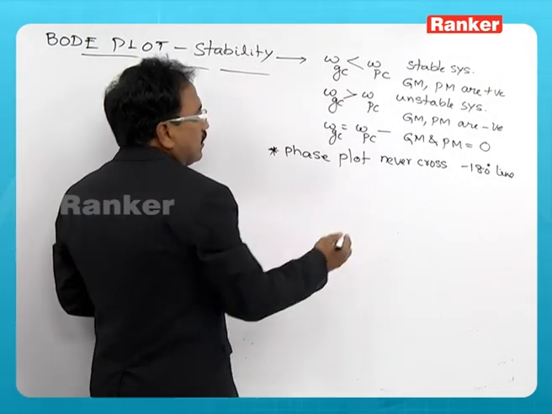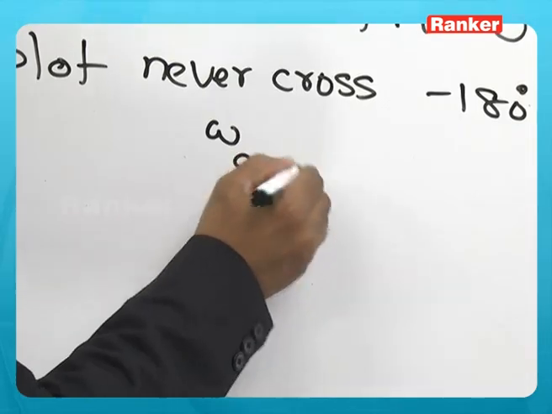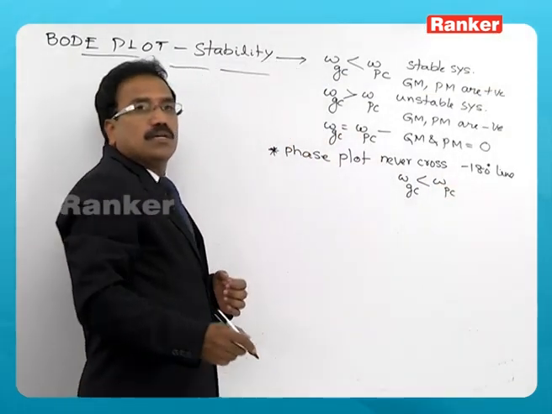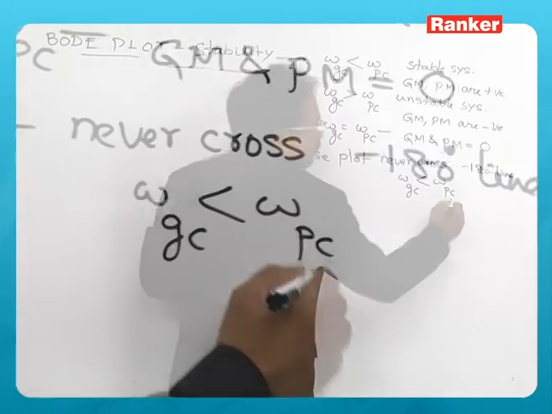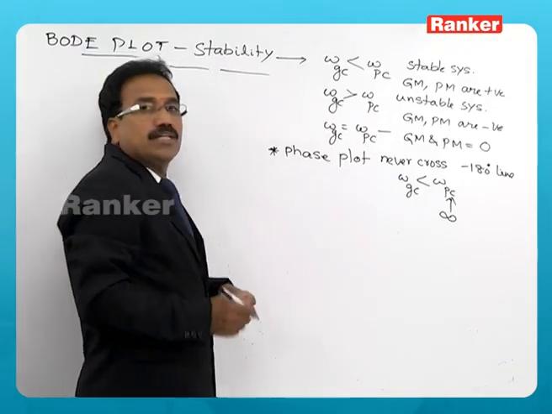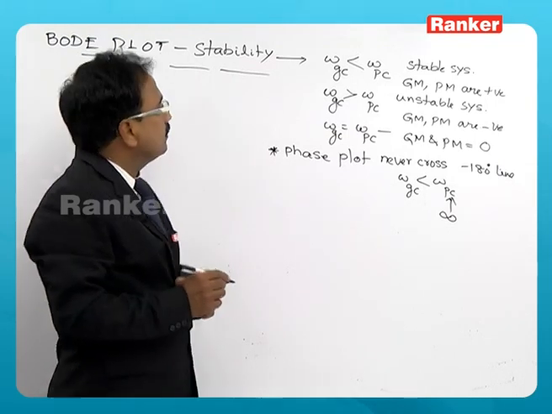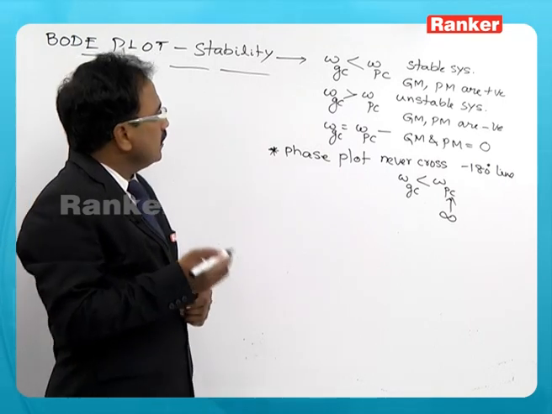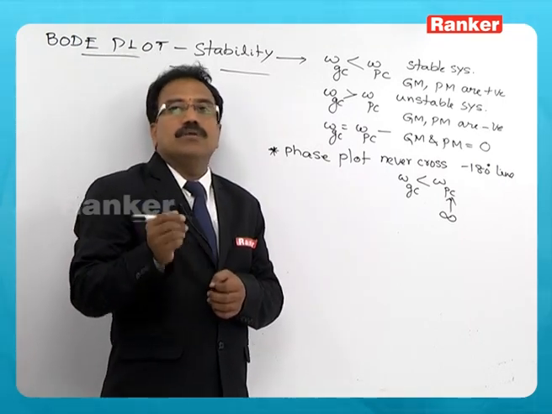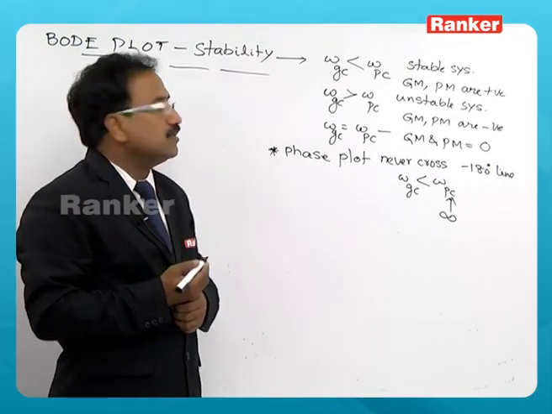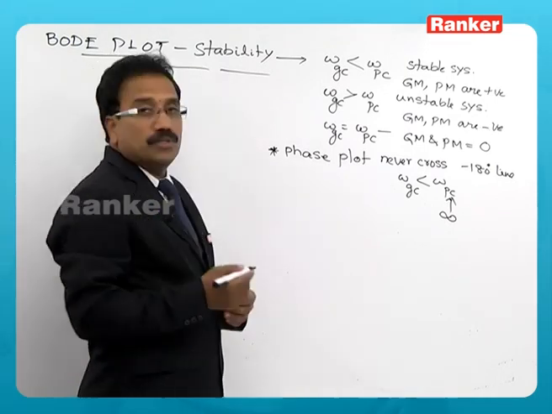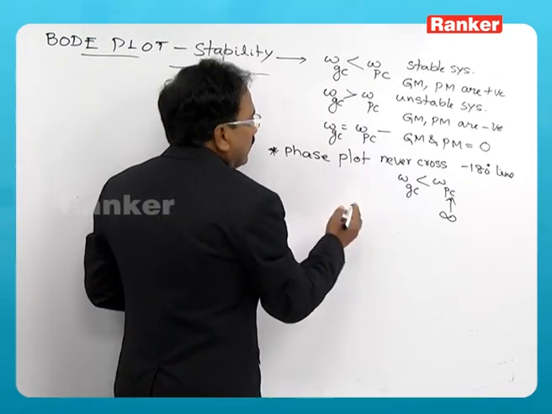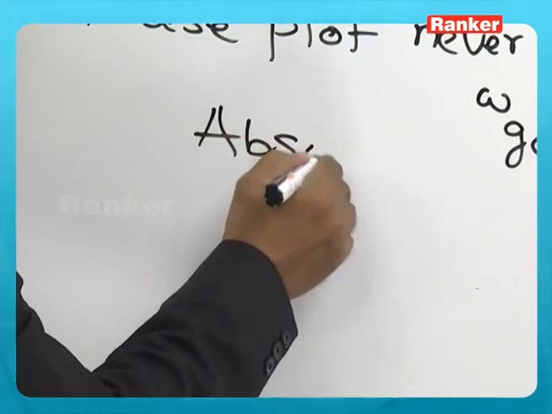In that case, we can say that omega gc is less than omega Pc, because omega Pc value is infinity as it is not crossing the minus 180 degree line. So, we can say that the gain margin is infinite, because gain margin is determined at omega Pc, and omega Pc is the point where it crosses minus 180. So, if this situation comes, when the phase plot never crosses the minus 180 degree line, that system is an absolutely stable system.